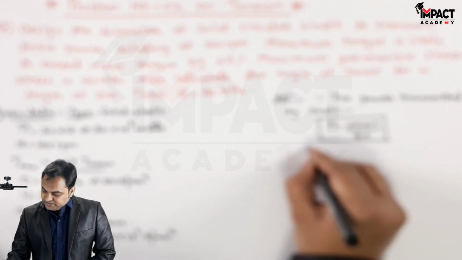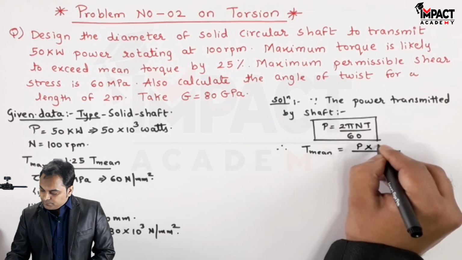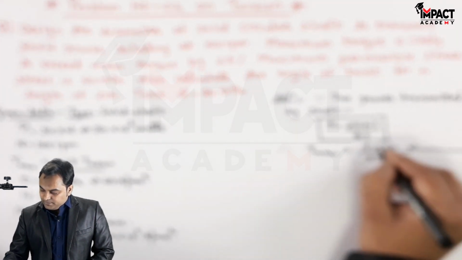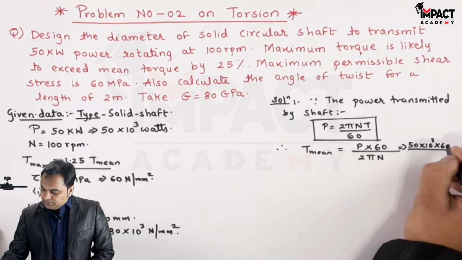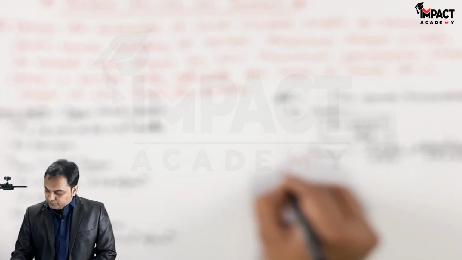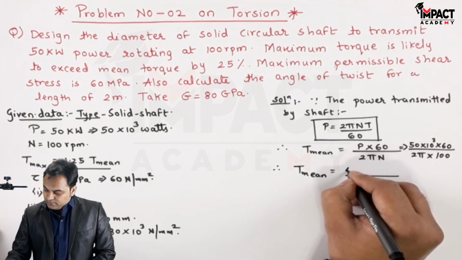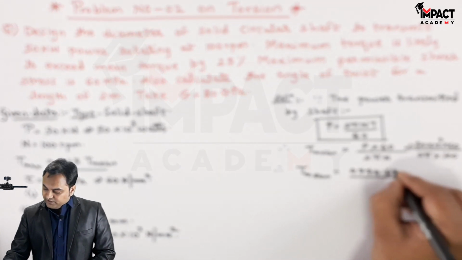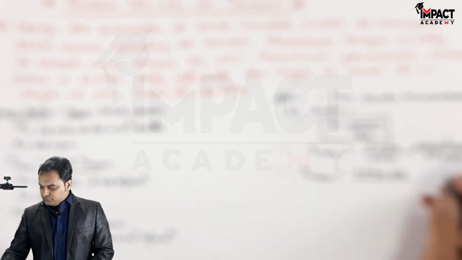So T mean is equal to P into 60 divided by 2 pi N. Next, P is 50 into 10 raised to 3 multiplied by 60 divided by 2 pi into N. N is 100 rpm. So from this I get the value of T mean, and it comes out to be 4774.65, and as power is in watts, torque would be in Newton meter.